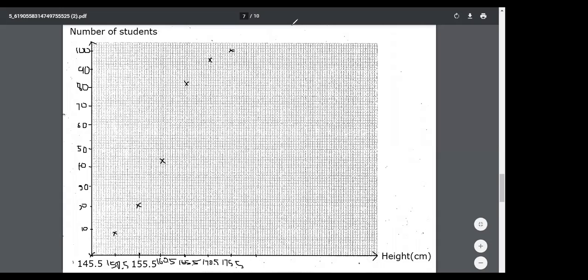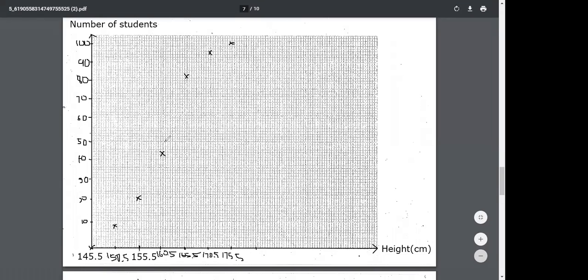So now we draw the ogive. Because we are using a computer, we cannot draw very smoothly. Usually by hand, we will draw smoothly and be very precise.